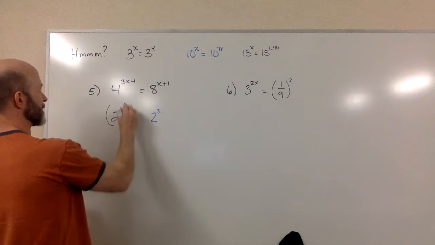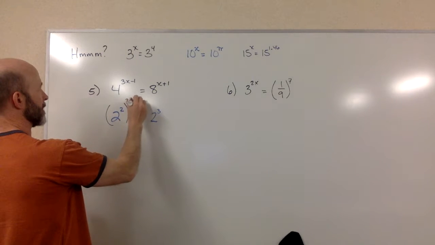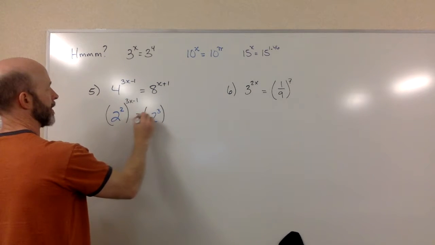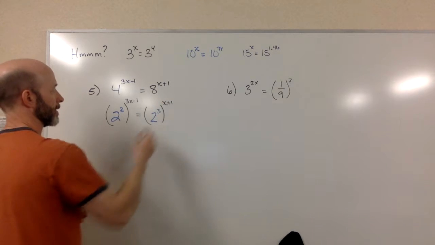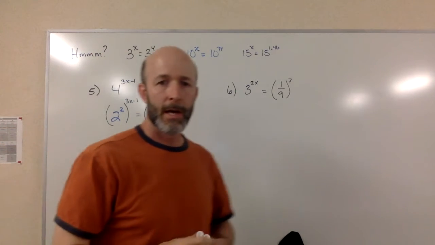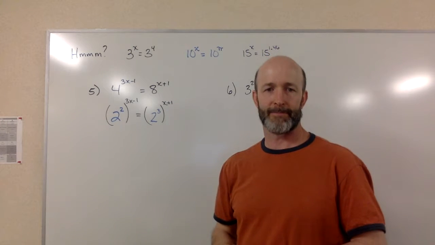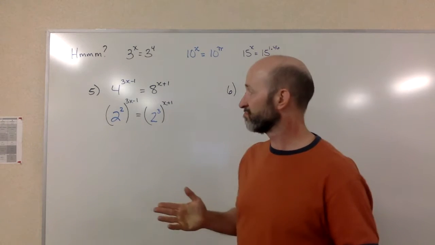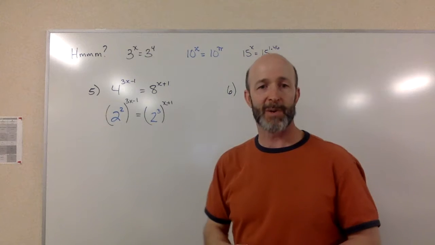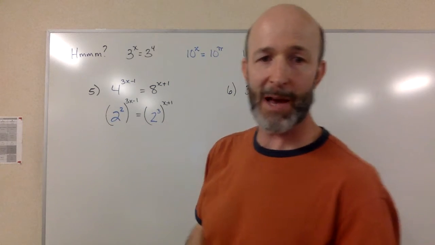Well, now that's useful because now I have an exponential on each side with the exact same base. All I need to do is use some exponent rules to simplify those powers.